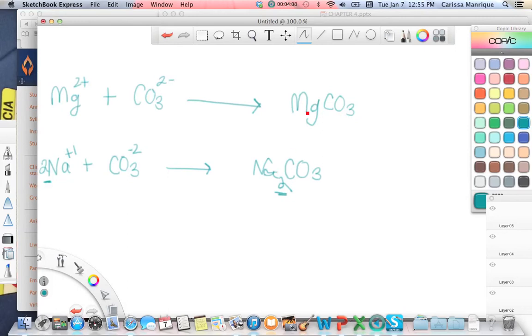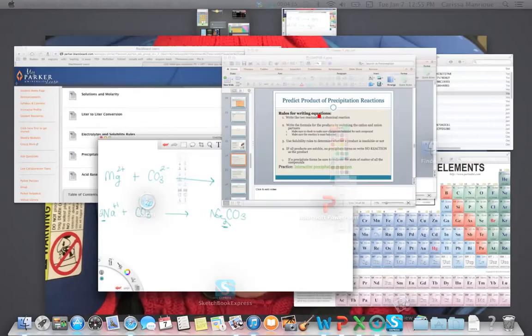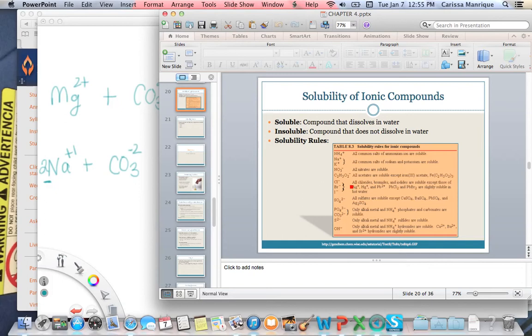Now let's look at both of these and see if they will dissolve. Okay, so MgCO3. Let's look at our solubility rules. So CO3, only alkali metals and NH4 phosphates are soluble. Well, magnesium is an alkali earth metal, so that doesn't apply, so it's insoluble.